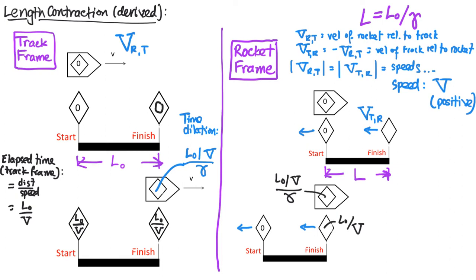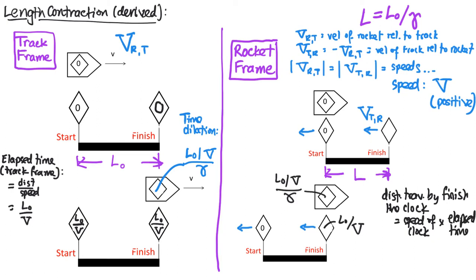So distance traveled by the finish line clock is equal to the speed of the clock times the elapsed time. That distance traveled is L. The speed of the clock we said was v, and the elapsed time is L naught over v all over gamma. The v's will cancel, and you're left with L equals L naught over gamma.